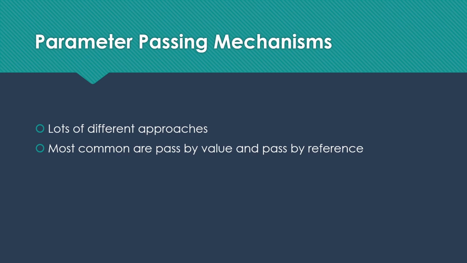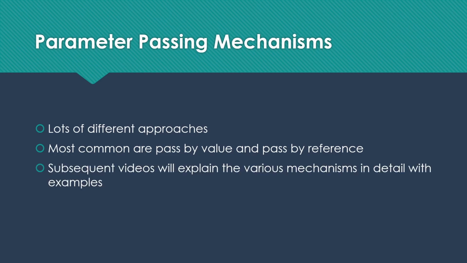As well as pass by reference, where instead of passing a copy of the value, we pass the location of whatever it is we're passing. And then whenever we reference that parameter in the called function, we're going to go to the location where the original is and make changes there. We'll talk about those in a little more detail, as well as a variety of others in these subsequent videos.